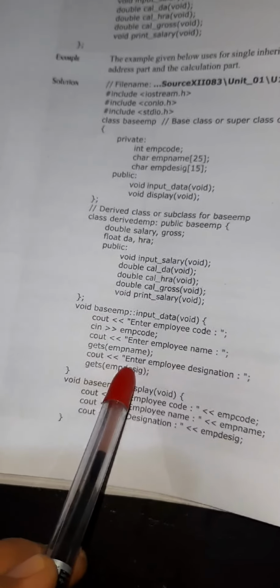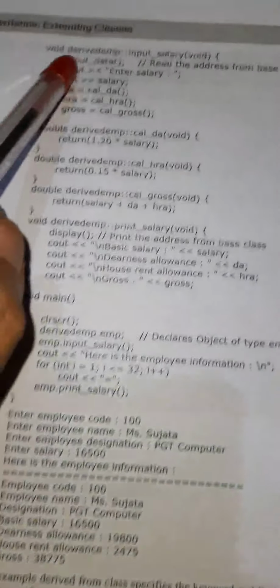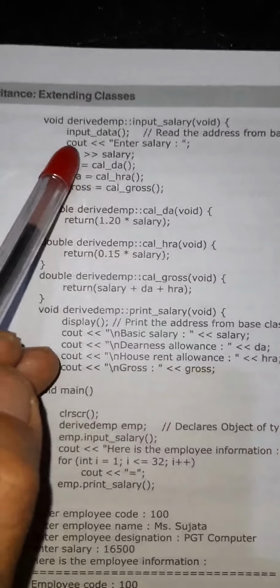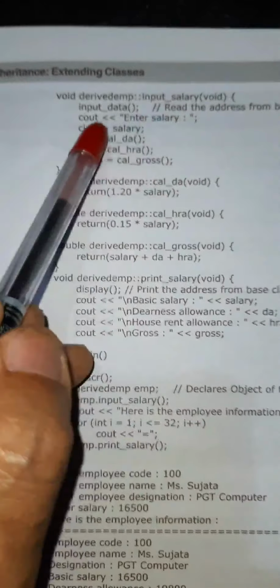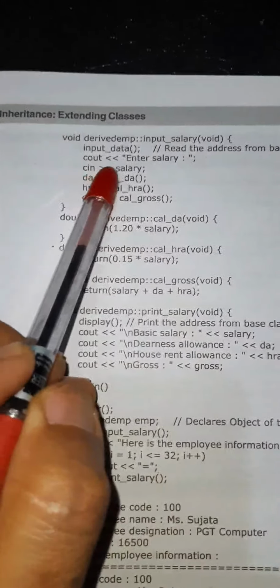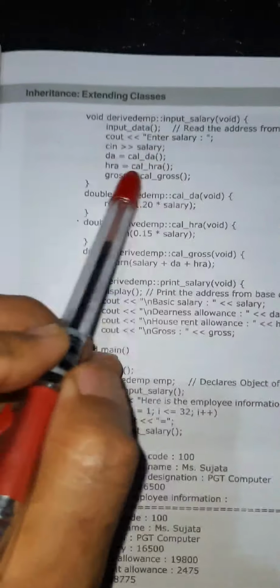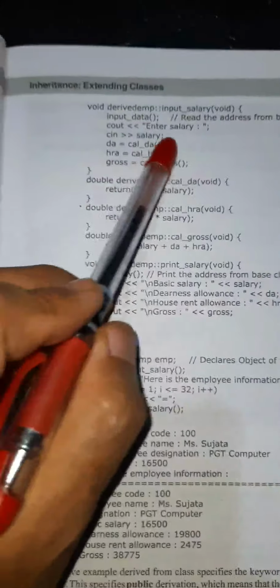After executing this statement, when it reaches the closing braces, the control comes back to the next line statement, that is cout, enter salary. From here the salary is entered. So these details belong to the derived class data members.